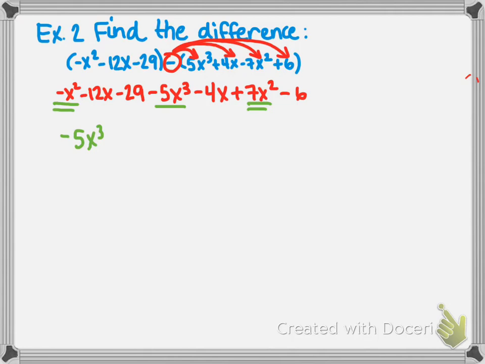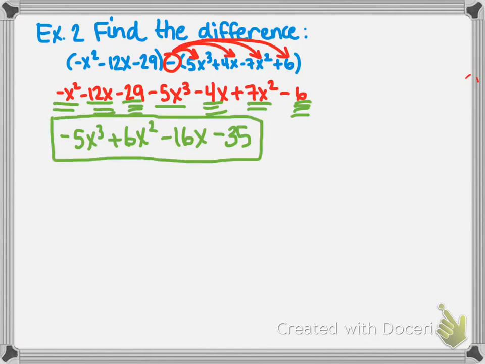Negative x squared plus 7x squared is 6x squared. Then my linear terms, negative 12x plus negative 4x is negative 16x. And finally, my constants, negative 29 plus negative 6 is negative 35. So my difference is negative 5x cubed plus 6x squared minus 16x minus 35.